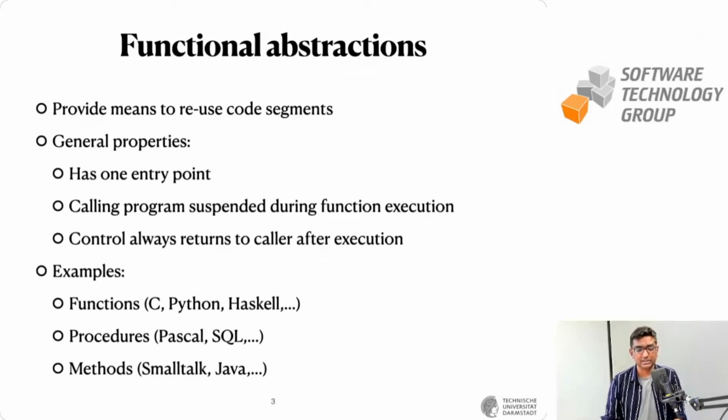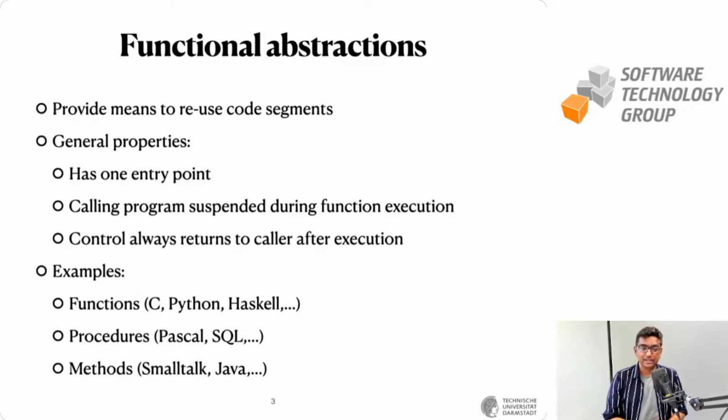One of them is that generally functions have one entry point, and every time a function is called, the normal program execution is suspended, and control is given to the function that is executed based on the various configurations and parameters provided to it. After the execution of the function is complete, control is returned to the caller itself. It means that control is not going to go into an ad hoc part of your system that you cannot control anymore, right?